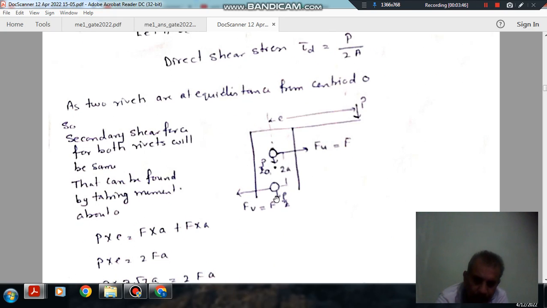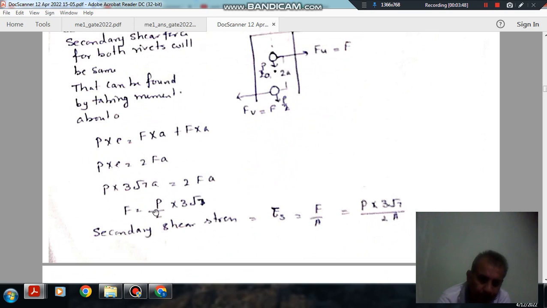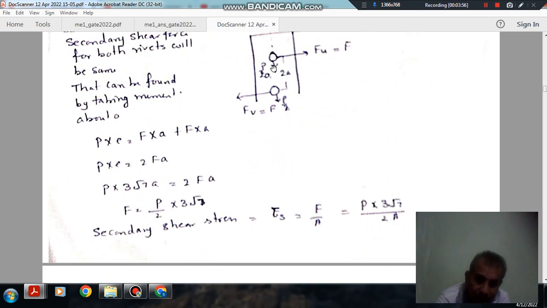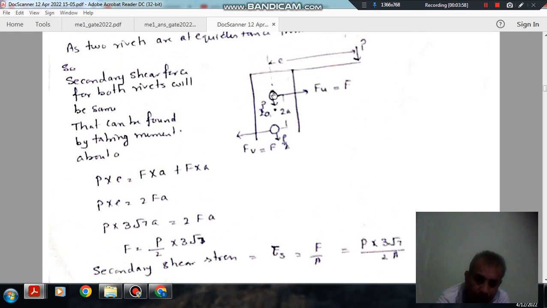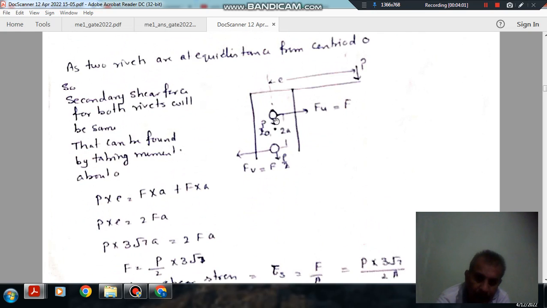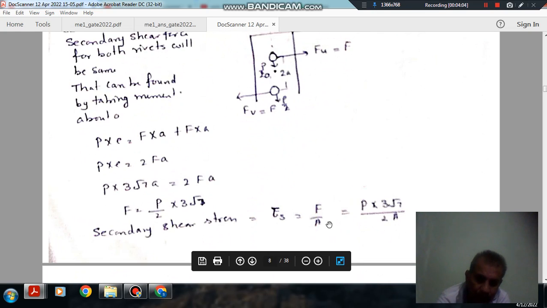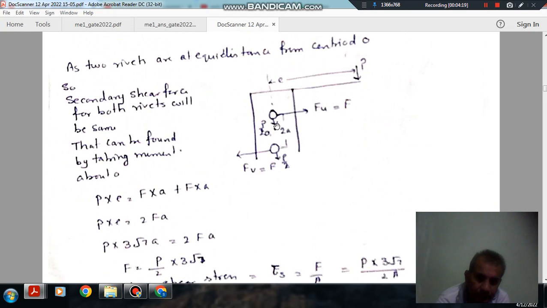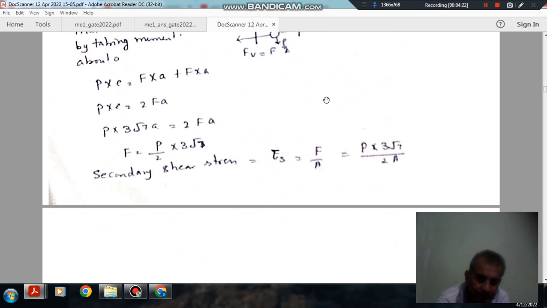This F will also cause a shear stress, because it is also parallel to the area of the rivet. The direct load causes the direct shear stress that we have calculated, and this causes the secondary shear stress, tau s equal to F by A. F is P by 2 3 root 7, so this is P into 3 root 7 by 2a, putting the value of F in terms of P. So this is your secondary shear stress, and this is your primary or direct shear stress.